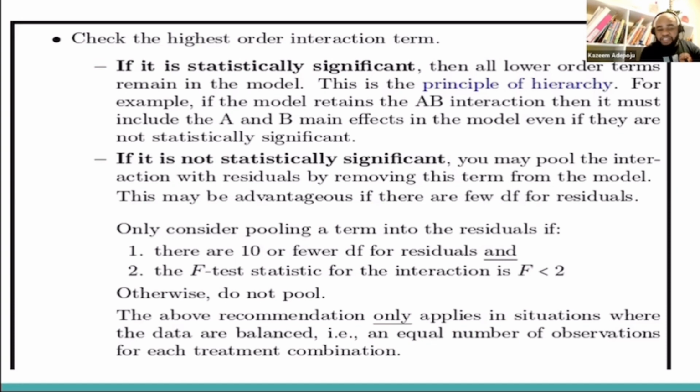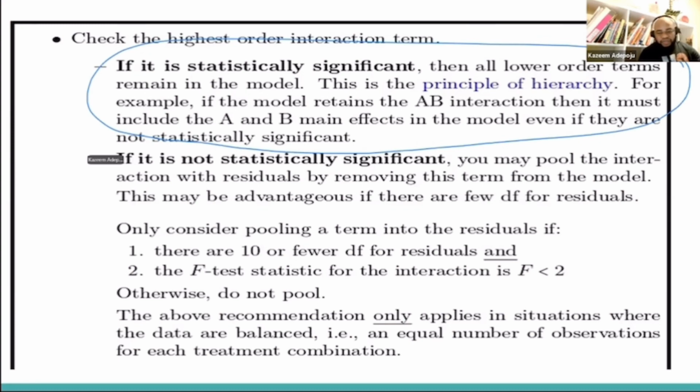If their interaction is significant, then the main effect of A and the main effect of B need to be retained in our model. So we are retaining them in our model because their interaction is significant, even though the main effect of A and the main effect of B are not significant. So I wanted you to take note of that. That's exactly what I'm trying to say here.